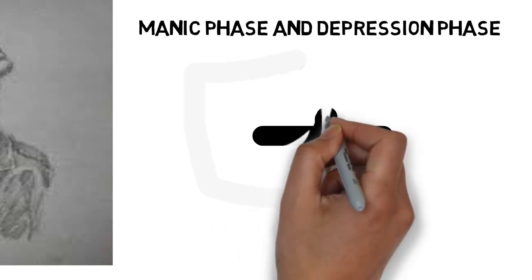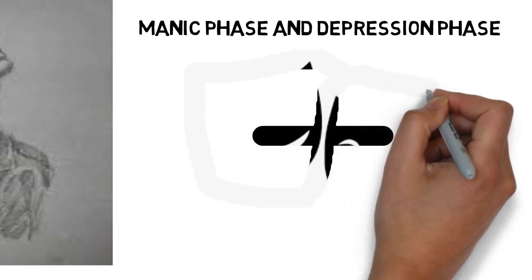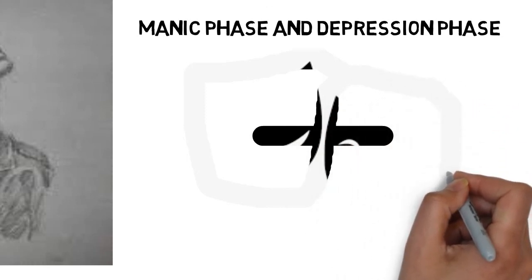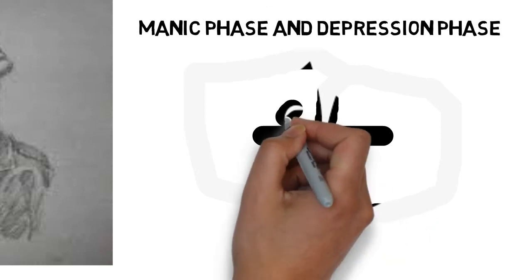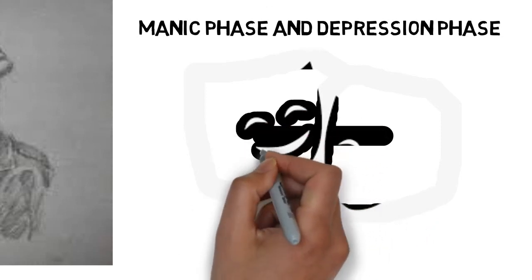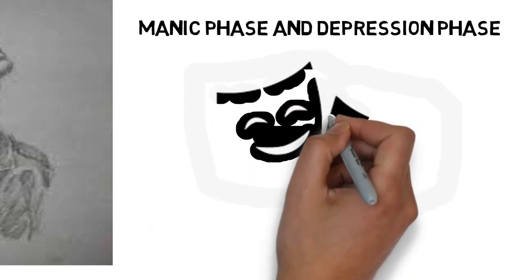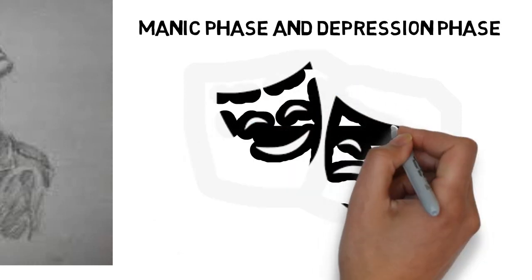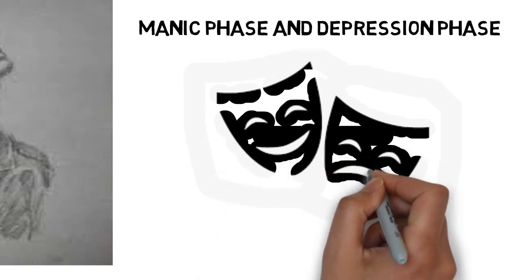So first off, let's think in terms of genetics. It's pretty clear that genetics are involved in mood disorders, especially in bipolar disorder. There is very strong evidence, and many studies to back this up, that bipolar disorder runs in families.